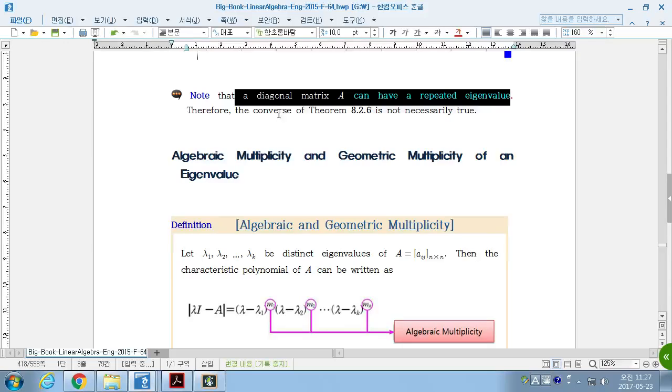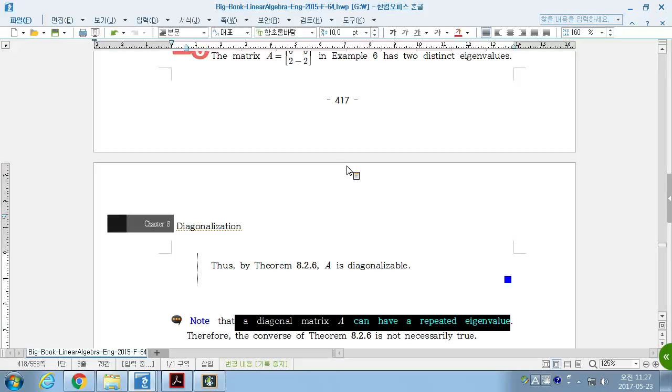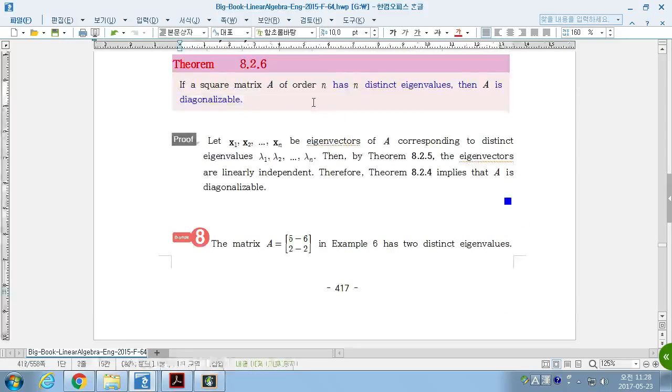So the converse of theorem 8.26 is not necessarily true here. 자, 행렬이 중근도 가질 수 있기 때문에 행렬 A가 다이고널라이저블 하다고 A가 n개의 디스팅트 아이겐밸류를 가질 필요는 없는 거야. 예를 들어 아이덴티티 매트릭스는 다이고널라이저블이지. 그렇죠? 아이덴티티 매트릭스의 아이겐밸류가 뭐야? 다 1이지. 디스팅트 아이겐밸류가 몇 개 있어? 한 개밖에 없지. 그러니까 역은 성립하지 않는다는 거야. 오케이? 대각화 가능한 행렬이라도 아이겐밸류가 중근이 있을 수 있다는 거야.